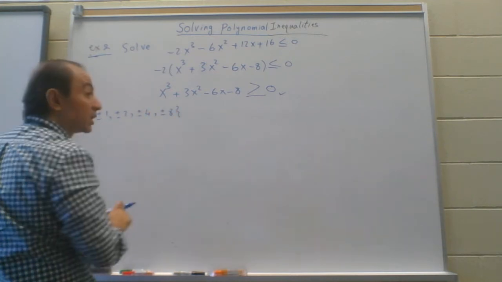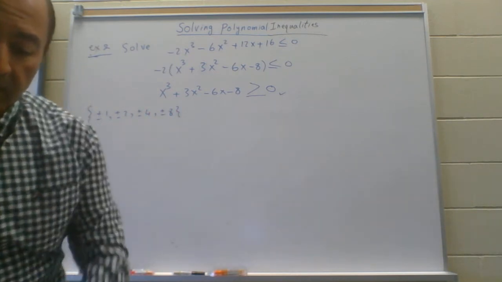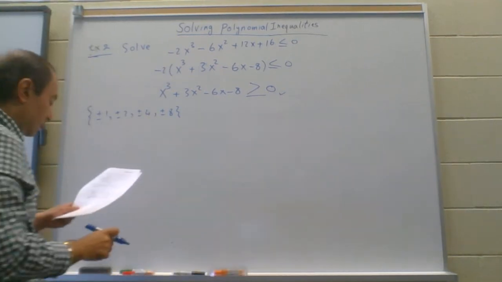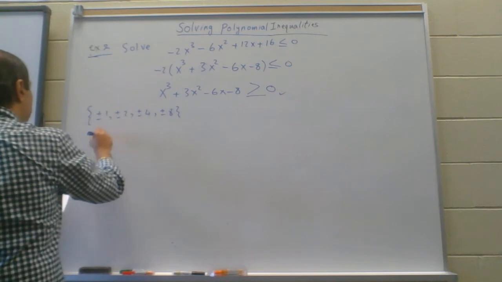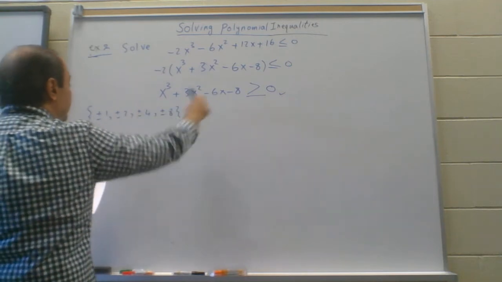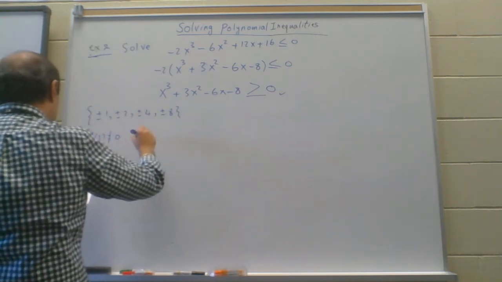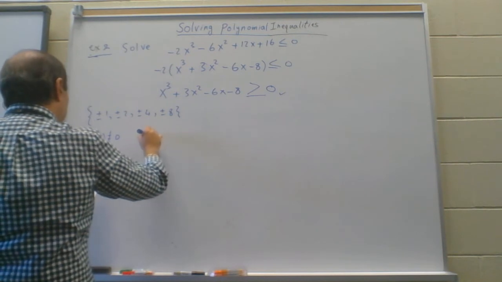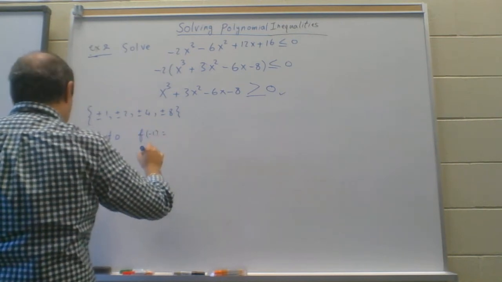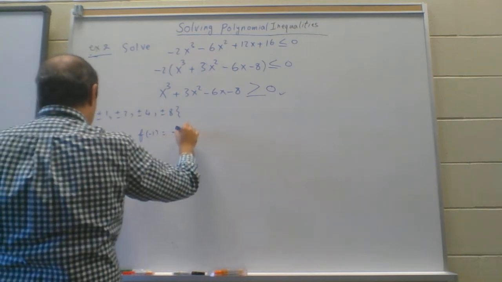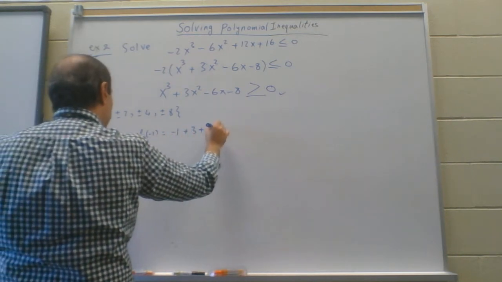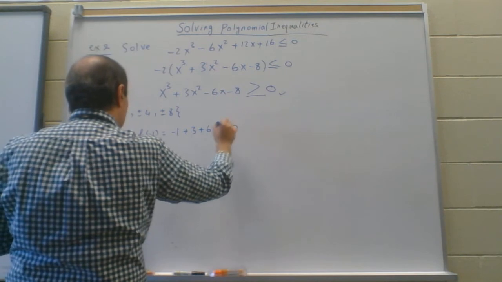I will start to try them one by one until I get a 0. F of 1, if you put 1 here, you are not going to get a 0. F of negative 1, I think this will make it a 0 because you're going to get negative 1 plus 3 plus 6 minus 8, and that's, yes, equals 0.